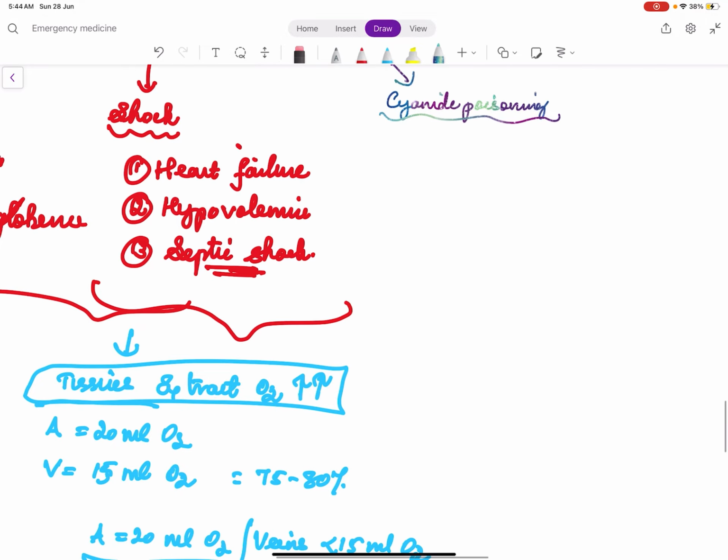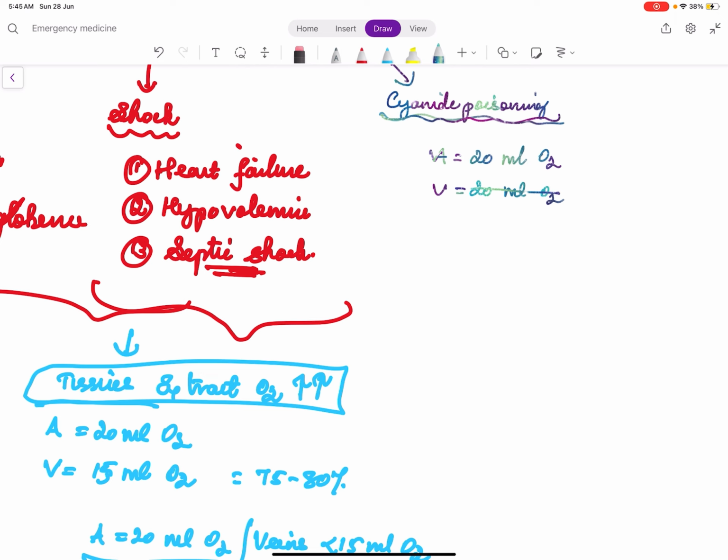So what happens to the AV oxygen difference here? The tissues don't consume oxygen. So even though the arteries deliver 20 ml of oxygen, the veins also carry the same amount of oxygen because the tissues do not consume that much oxygen.